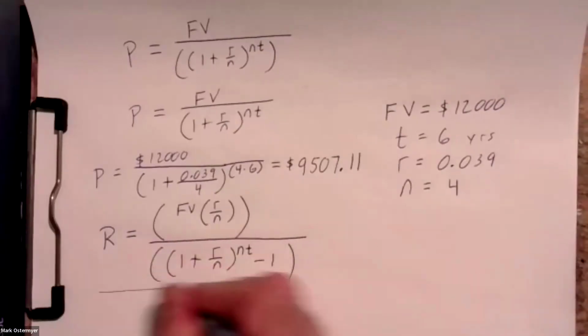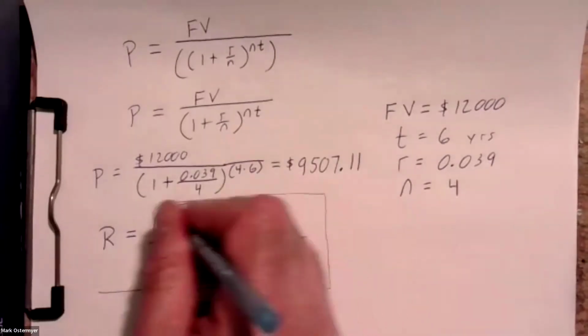R equals future value times R over N, divided by 1 plus R over N, to the NT, minus 1. You got it. That's the formula we need to use.